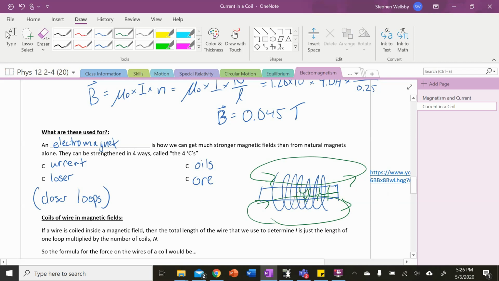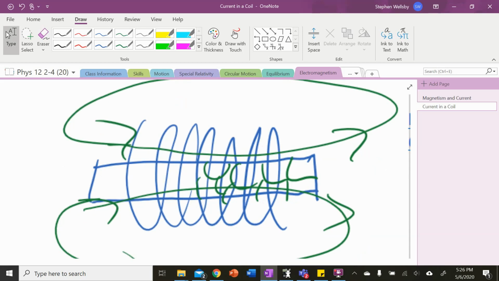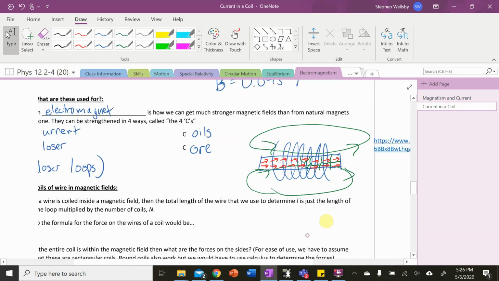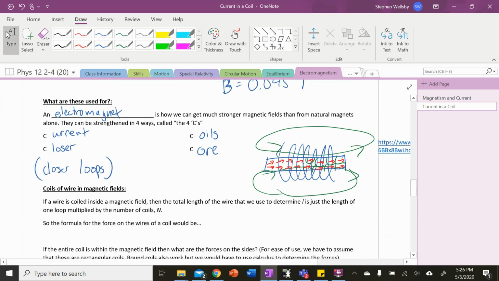However, when I put this in a magnetic field, all of these individual domains are also going to end up lining up the same way. And so what that does is it strengthens the magnetic field. If you have an iron bar inside of a solenoid, it turns that iron bar into a magnet, which adds more magnetic power to the solenoid. So this is a way that we can make electromagnets even stronger. These 4 ways: more current, more coils, bringing the coils closer, and adding an iron core.